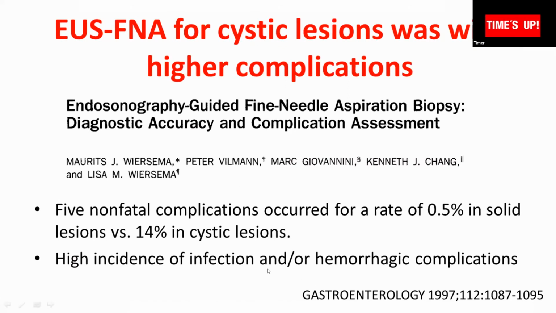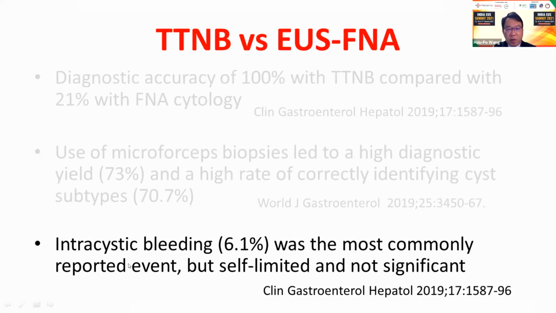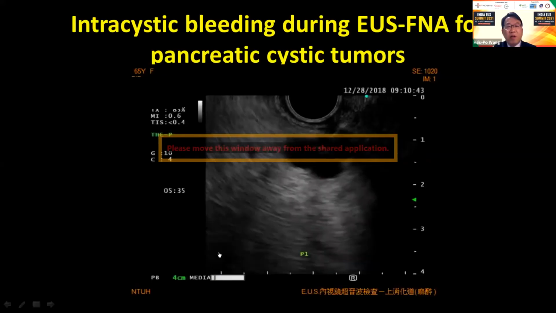However, another study showed a higher incidence of infection and hemorrhage complications for EUS FNA in the pancreatic region. Recently, the intracystic bleeding rate was reported to be around 6%, but it is self-limited and not significant.